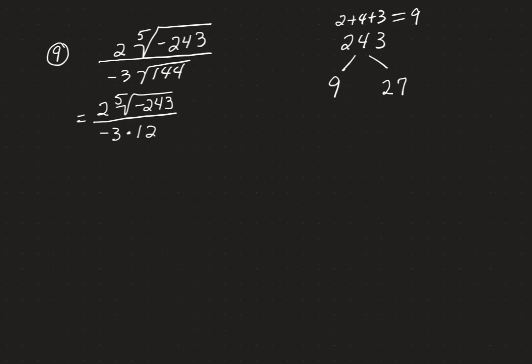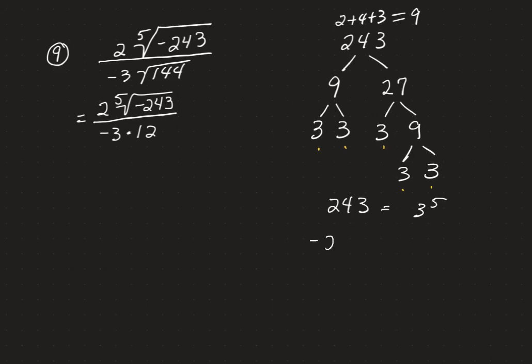So 9 goes in there 27 times. Okay, and what are the factors of 9? Because those aren't primes. 3 times 3, and 27 is 3 times 9, and factors of 9 are 3 and 3. And look at what has happened. How many 3's do I have? 1, 2, 3, 4, 5. So actually, 243 could be rewritten as 3 to the fifth.